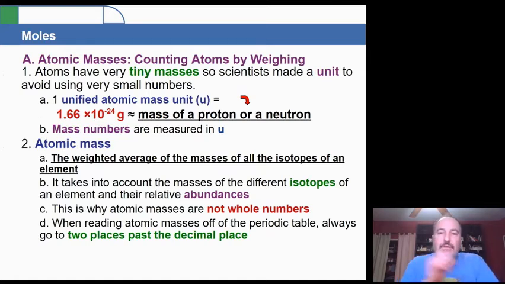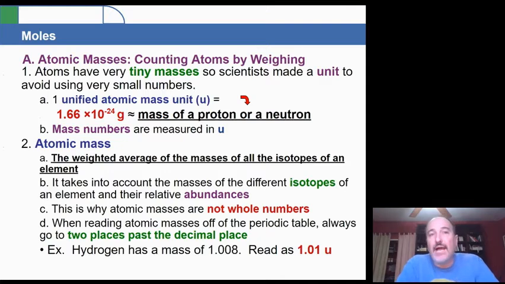So you have the number, decimal, and then 2 more places. You round off after that second place. For example, hydrogen on the periodic table says it has a mass of 1.008, but you should read it as 1.01 U's.